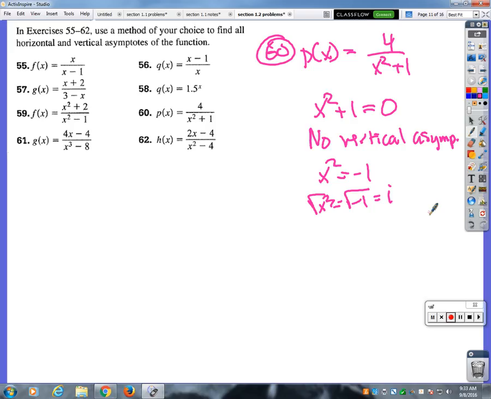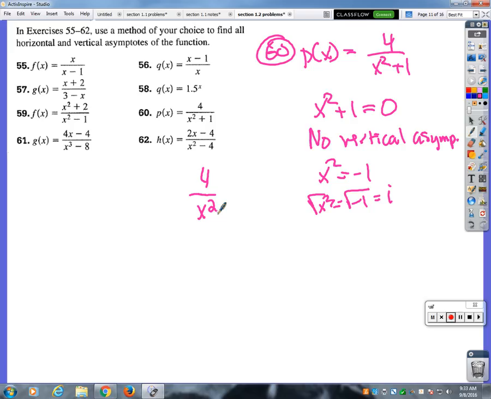All right. How do I find horizontal asymptotes? It's the highest exponent on the top divided by the highest exponent on the bottom. So for this one, we only have to look at 4 over x squared, and think about when x gets bigger and bigger in either the positive or the negative direction, what happens to the value of this fraction?